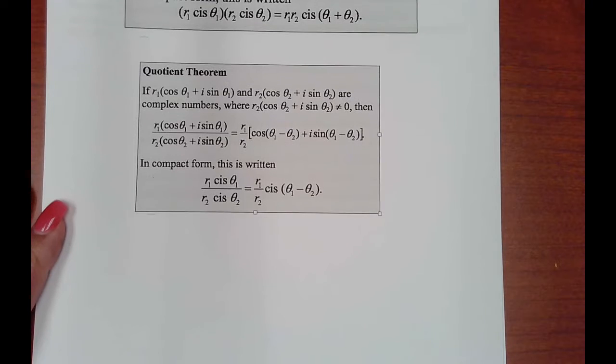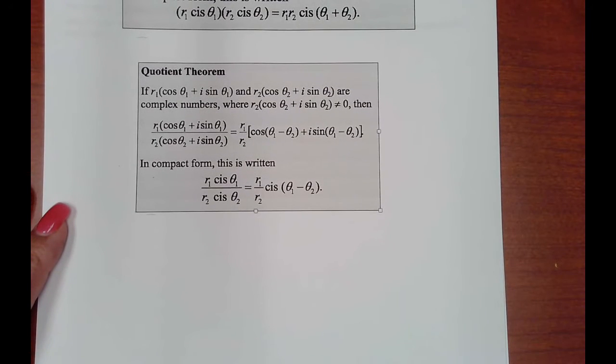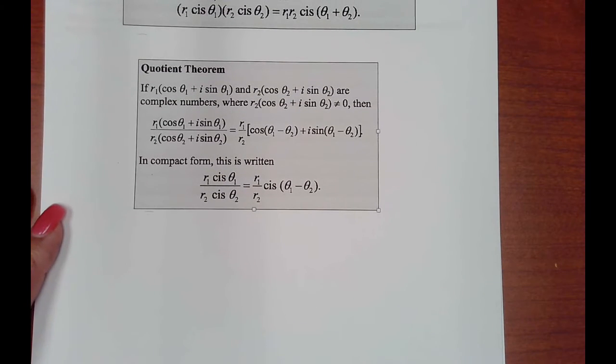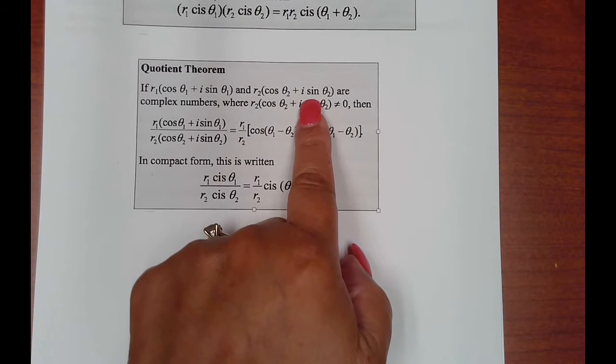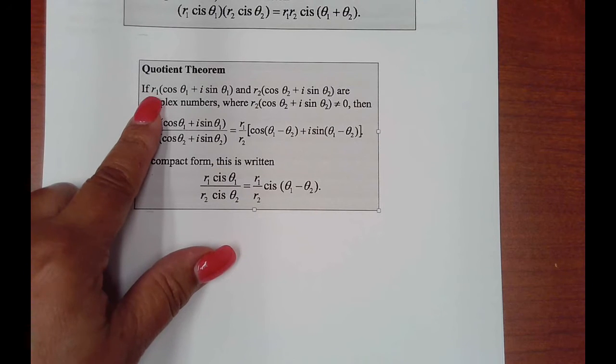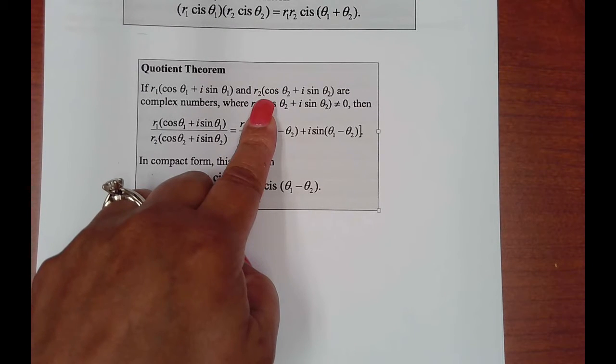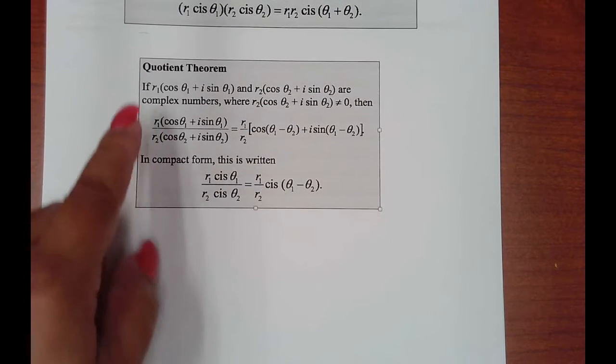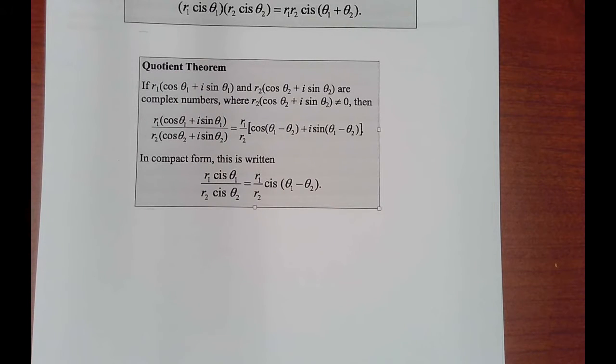There is also a formula for finding a quotient of two complex numbers. So here's one complex number, here's another complex number, both in polar form. And if you're going to find a quotient, you take the first r value divided by the second r value in that order, numerator, denominator.